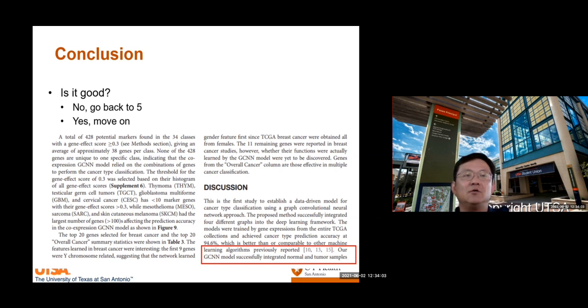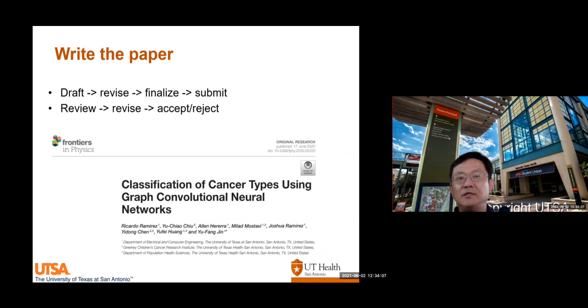Okay, and then once you reach that step, you can start writing a paper. Writing a paper is also a pretty long and involved process. Okay, so I just want to give you a quick idea as to what it takes to write a paper.